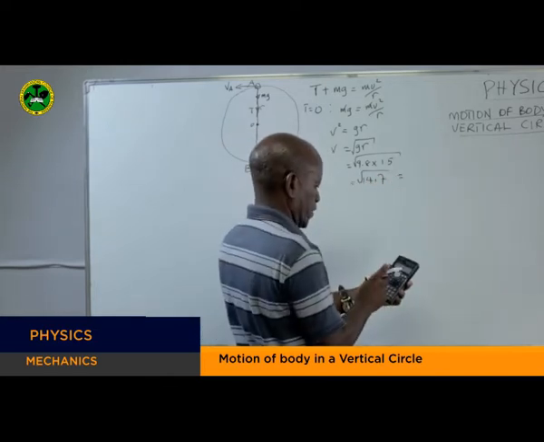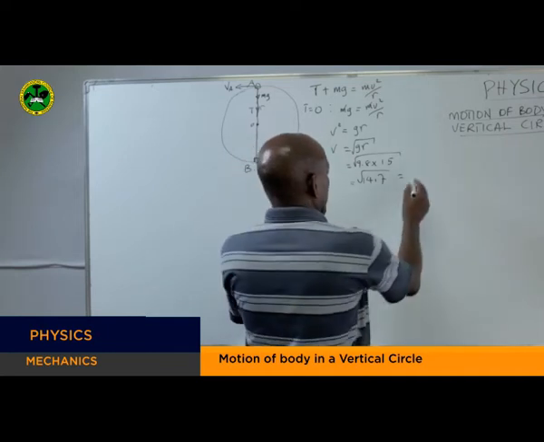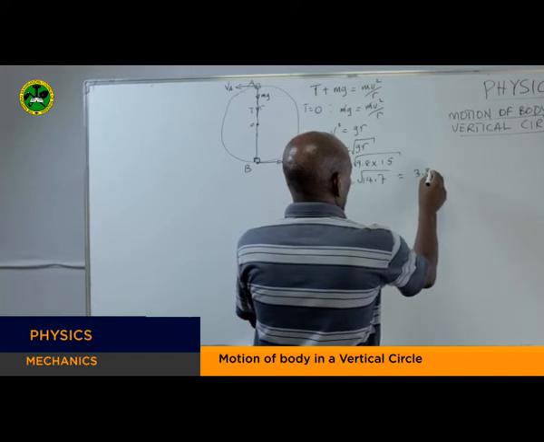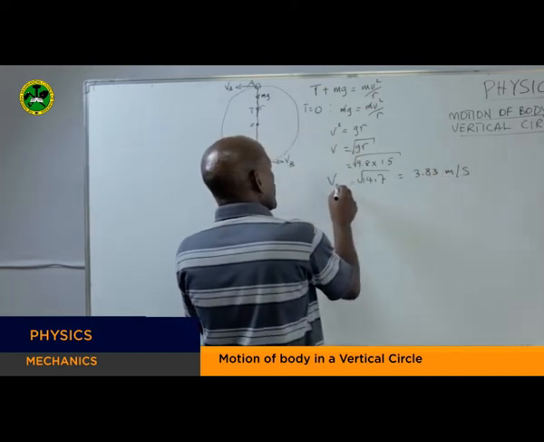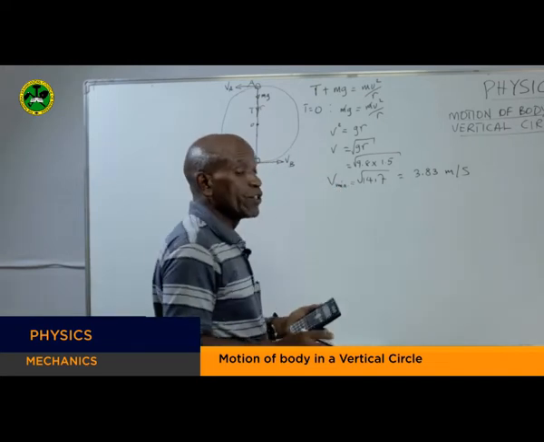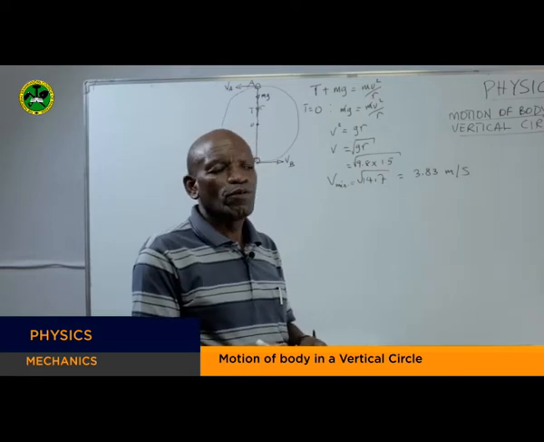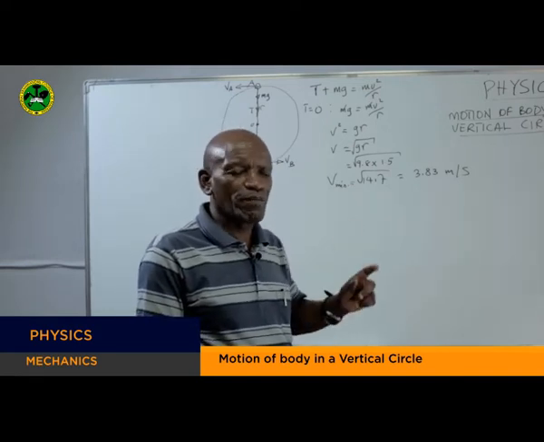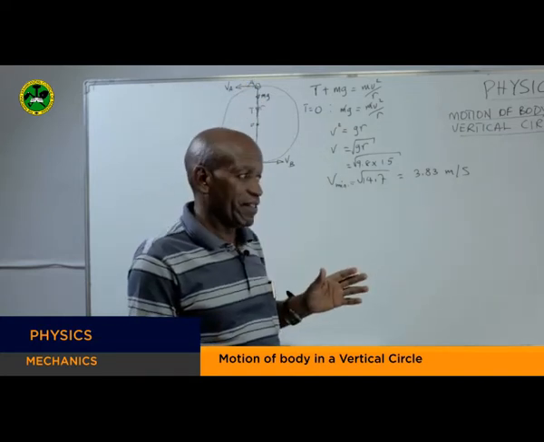The square root of that is equal to 3.83. So this is the minimum velocity which can make the bucket move at the top around such a circle comfortably without making the string holding the bucket slack.